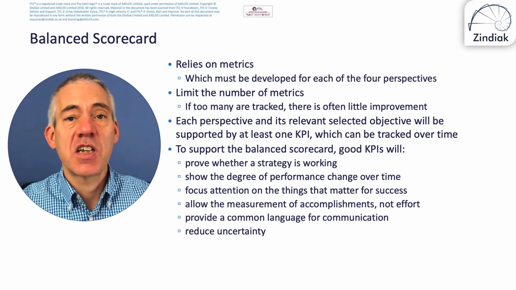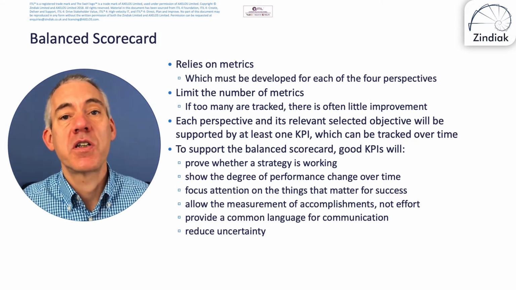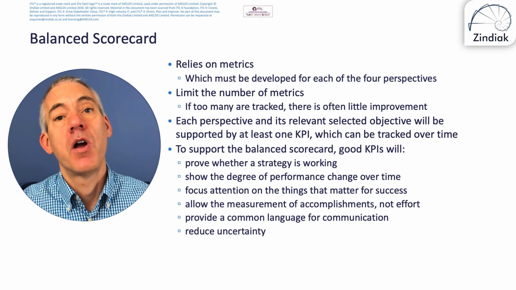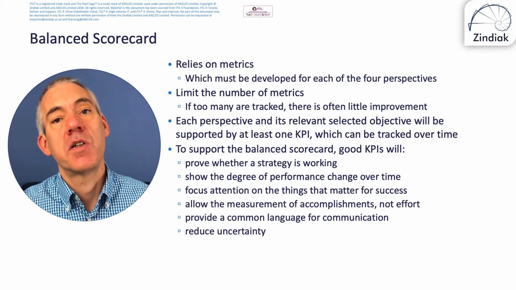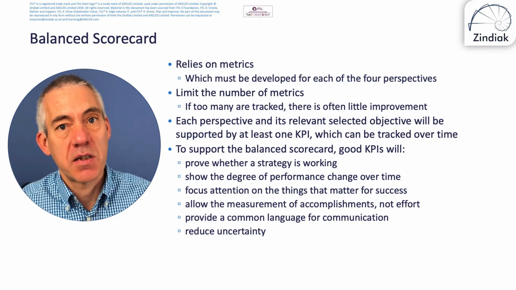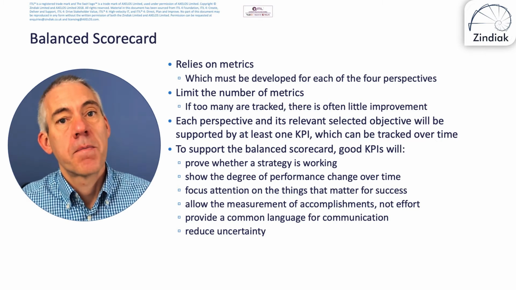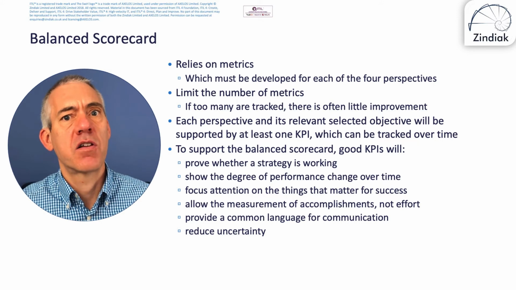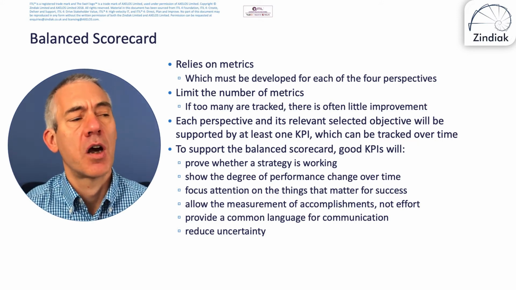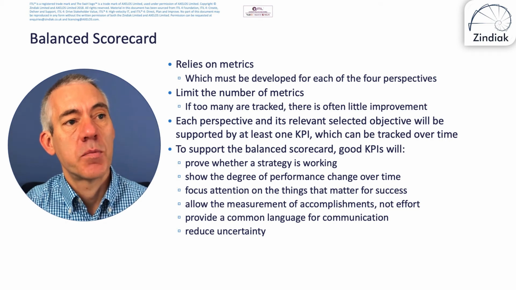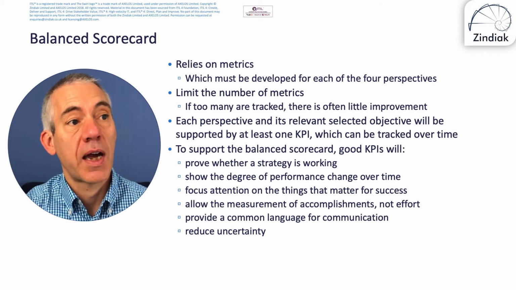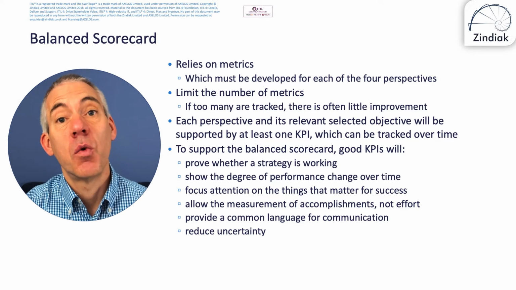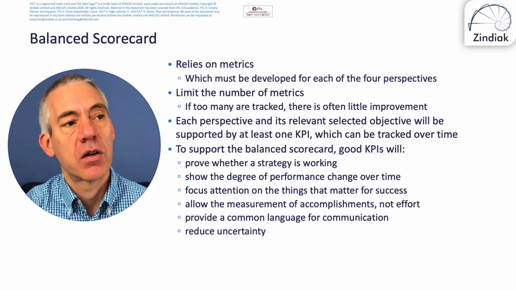And then if that's successful, you can always add, you can always grow as time goes on and you become more adept. You can always increase the number of metrics, but it's better to start small and then add on and grow than it is to start with too many and then start having to drop them because you can't cope. Each perspective and its relevant selected objective will be supported by at least 1 KPI. So you've got to do all 4, or you're not doing a balanced scorecard.